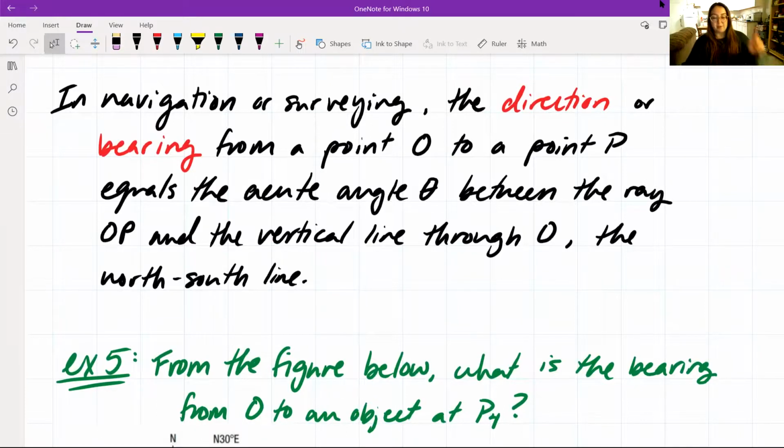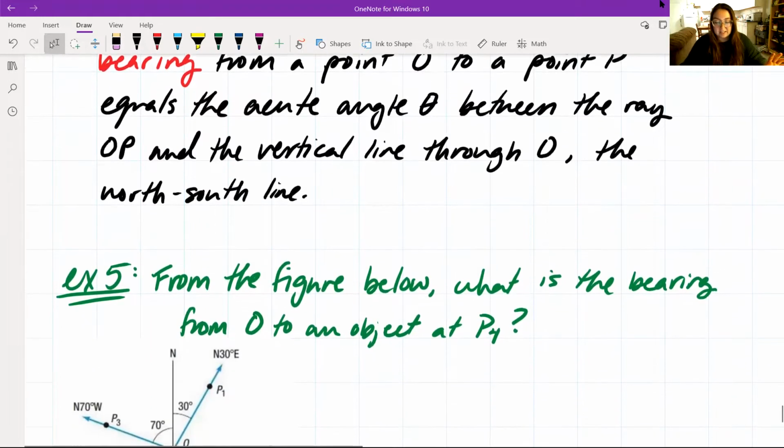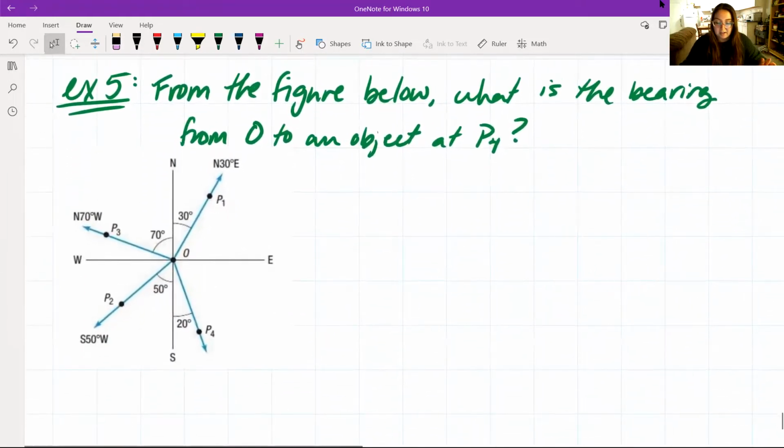So you have your point O and your point P, and there's a ray going through it. Your acute angle theta is measured from the vertical line that goes through O, which in this case is our north-south line coming from our picture here.